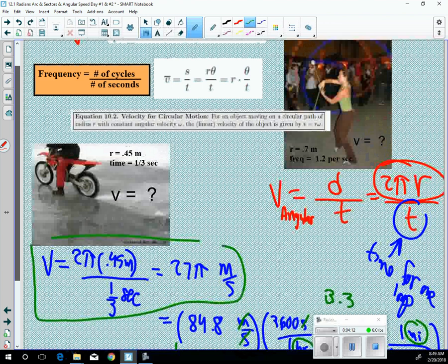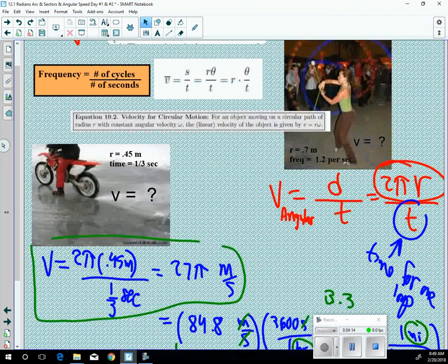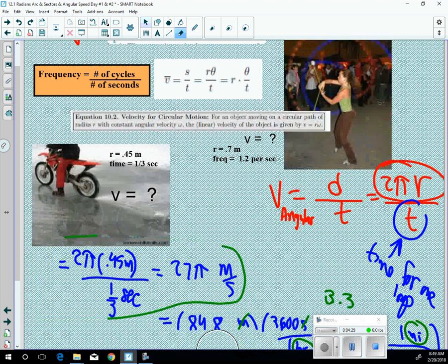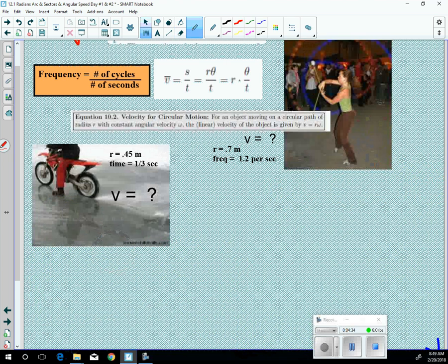I want to do one other thing. I think I have another example here, and they're doing what looks like an Eskimo yo-yo. We're going to find out what the speed is in miles per hour, but this time they're going to do something a little tricky. They're going to give this to us in frequency. So here goes.